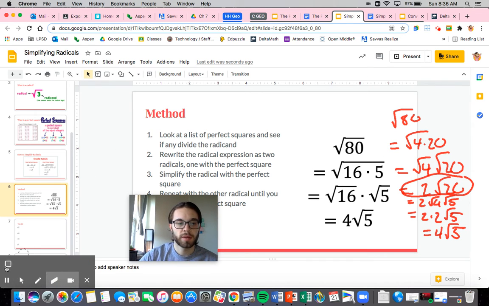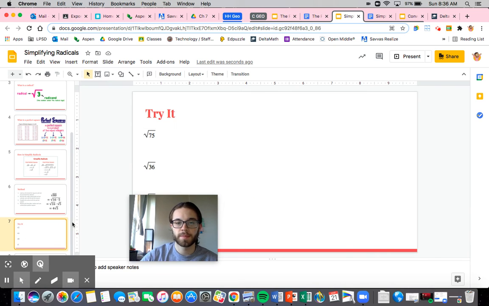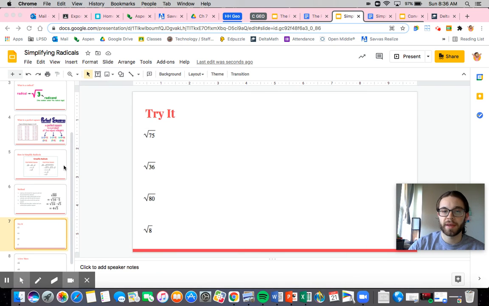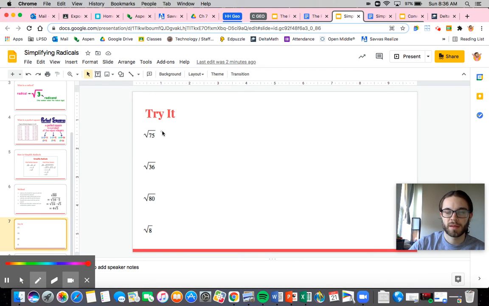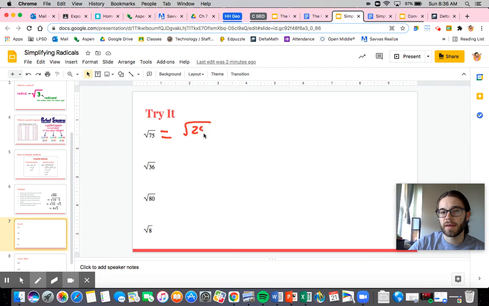All right. So let's go through this. Let's try some. Square root of 75. Well, that one I think has a pretty obvious division, right? That's clearly going to be 25 times 3. 25 root 3.